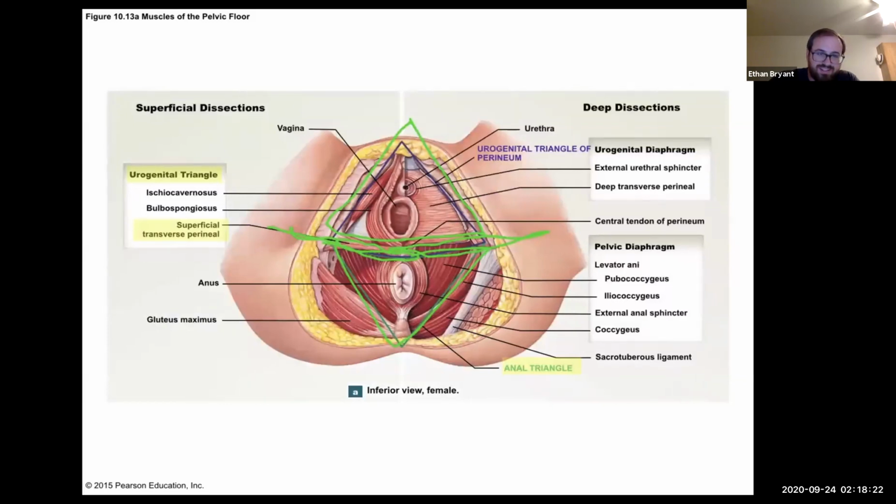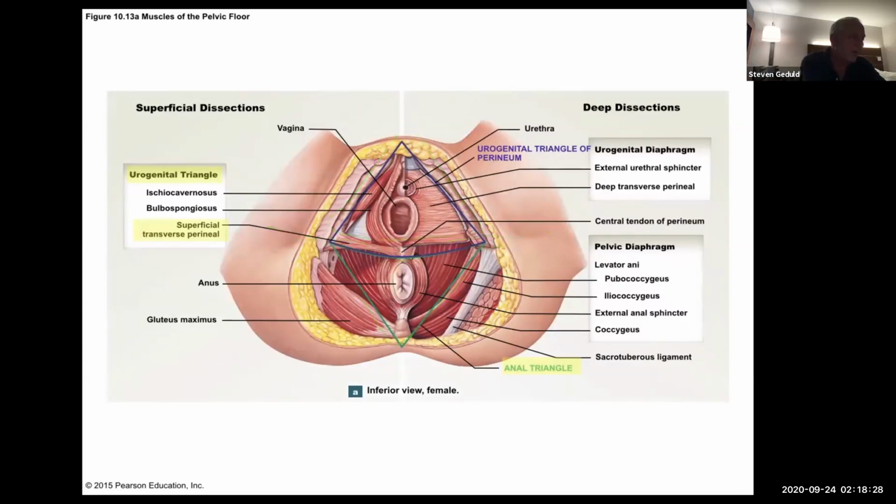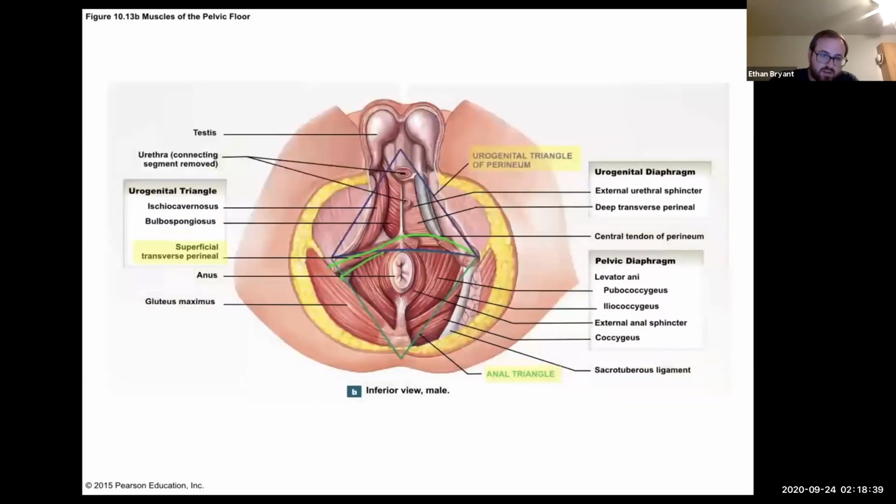Get rid of the marks there. Yeah, on the one of the females it's cut away, so it's kind of hard to see. But you can see how it kind of divides up there. And the one of the male, it looks like it goes back and attaches more towards, it's probably a lower attachment on the males, due to the presence of the vagina and the urethra being in two different places.